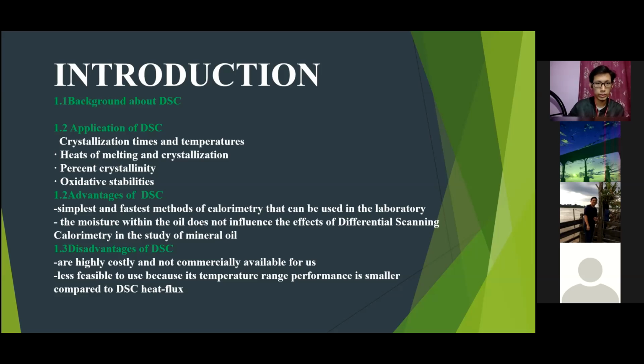And last but not least, when it is used in studying mineral oil, the moisture within the oil does not influence the effect of DSC on the value of the experiment.